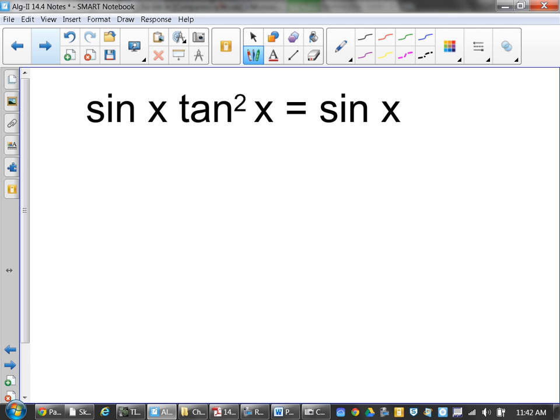Doesn't it stay balanced? It is tangent squared. What's sine of x divided by sine of x? 1. So you wind up with the tangent squared of x is 1.